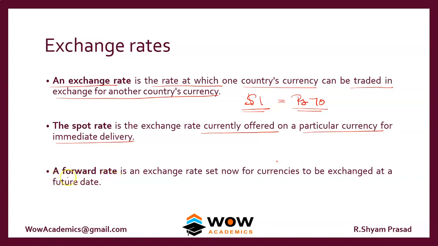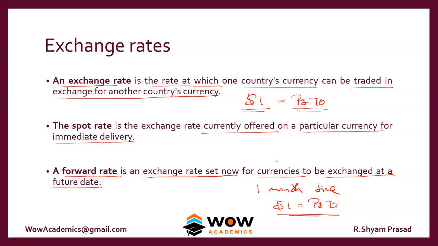A forward rate is an exchange rate set now for currencies to be exchanged at a future date. So assume that you enter into a contract. The contract states that in 1 month's time, you will give the forex company $1, and that company should give you around 75 rupees.